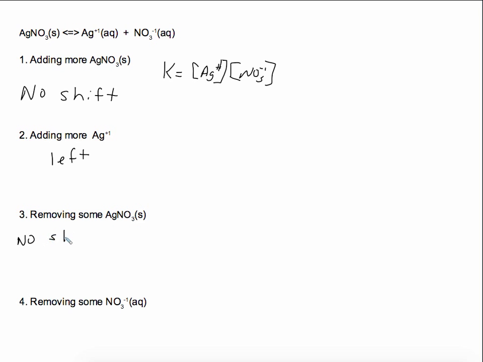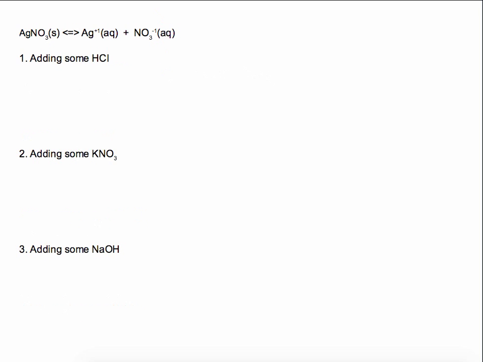Well, once again, AgNO3 is not part of the equilibrium expression, so there would be no shift. Removing some NO3-. If you remove some NO3-, this reaction is going to want to replace it, so it's going to shift to the right.